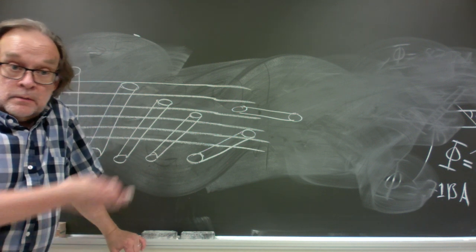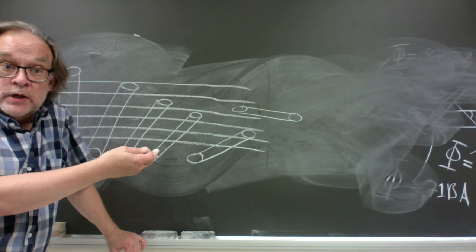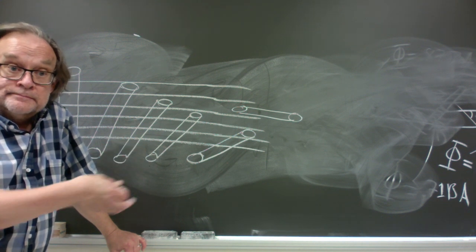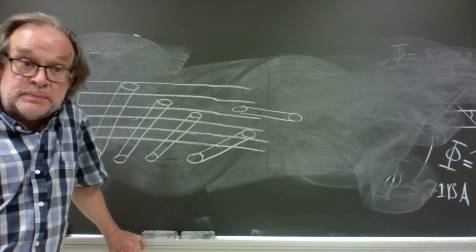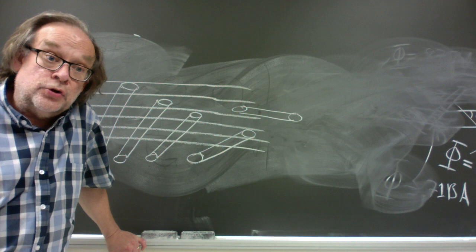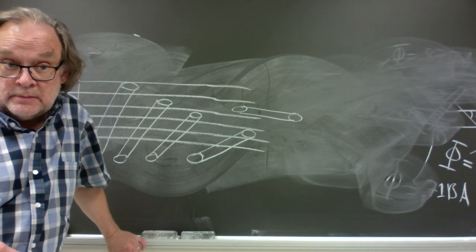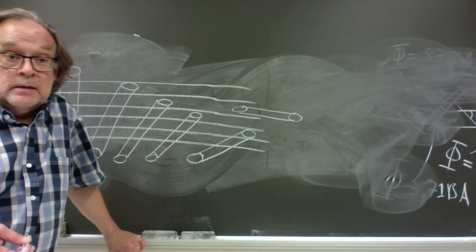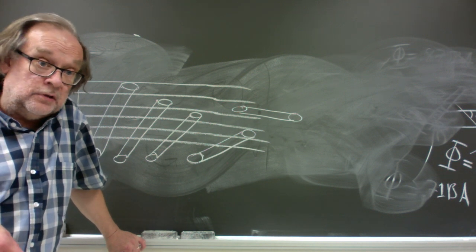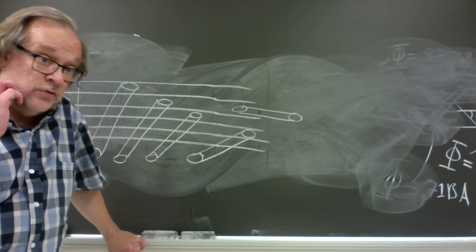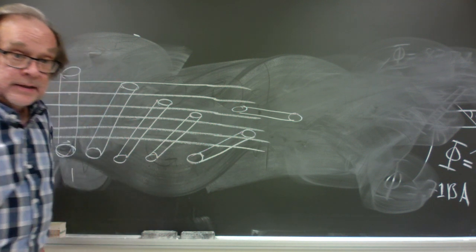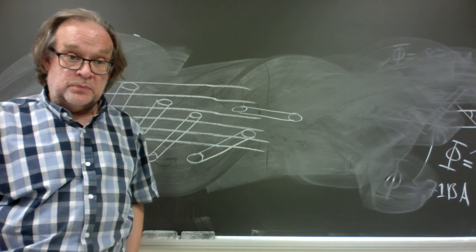So pictorially, you can imagine flux as just a way of measuring how many field lines pass through the loop, or flux is some number that's proportional to the number of field lines that pass through the loop. More field lines means stronger flux, fewer field lines means less flux. And that's a helpful way to think about it.